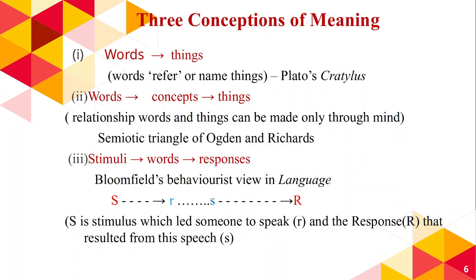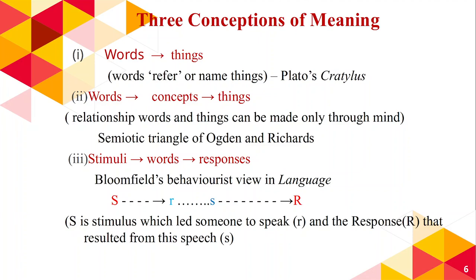Now this leads to different conceptions of meaning. Here we will discuss three conceptions of meaning. The first view is quite a popular view given by Plato in his work Cratylus.